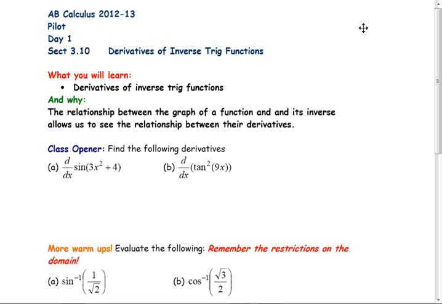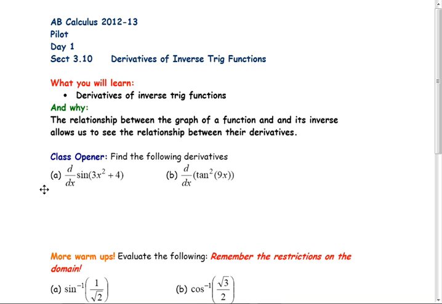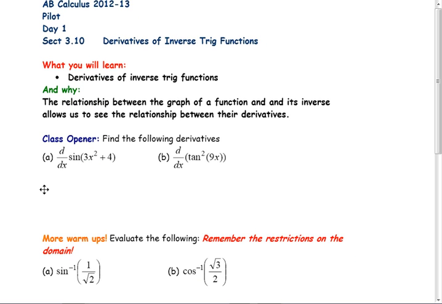Okay, you guys, what's the first one? This is the cosine times 6x. Now, on this one, let's pull that 2 and put it out here.